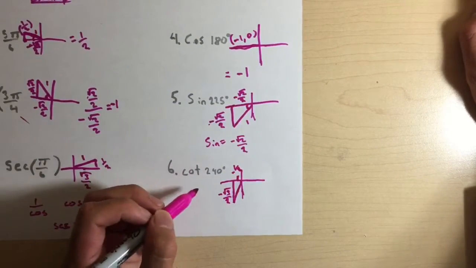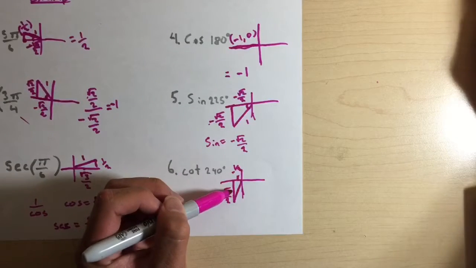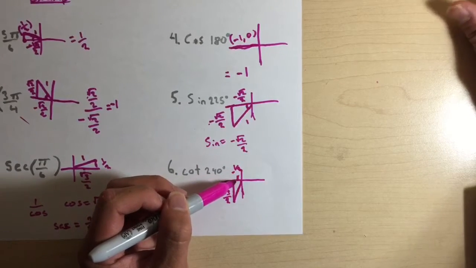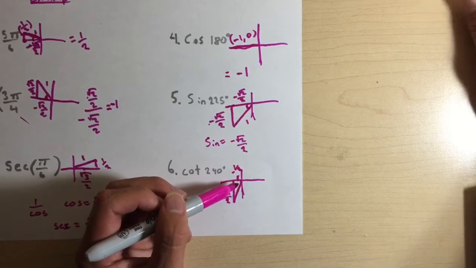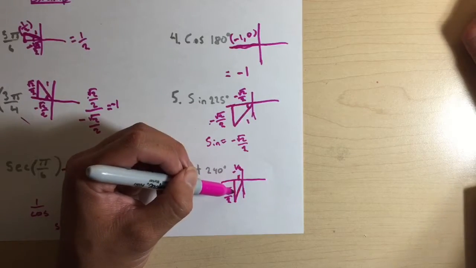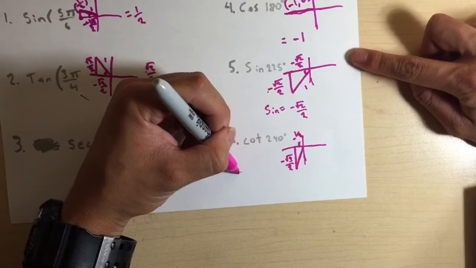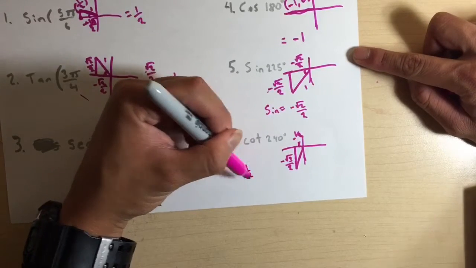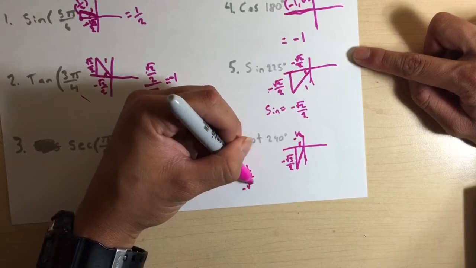So we want to find cotangent. So tangent equals opposite over adjacent. So cotangent would be the opposite of that. So it would equal adjacent over opposite. So adjacent is -1/2, and opposite equals negative rad 3 over 2.